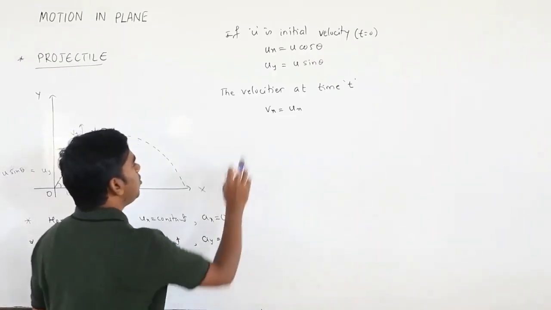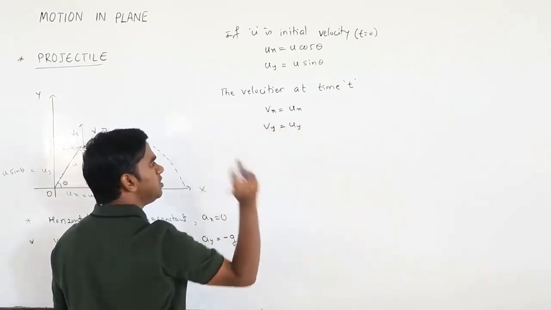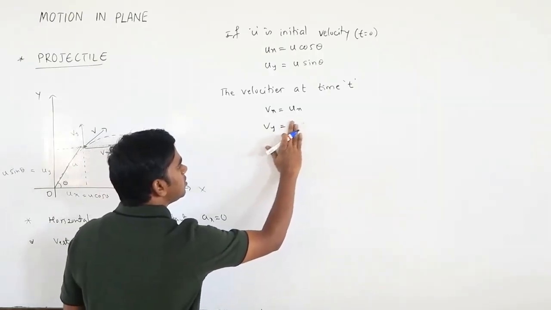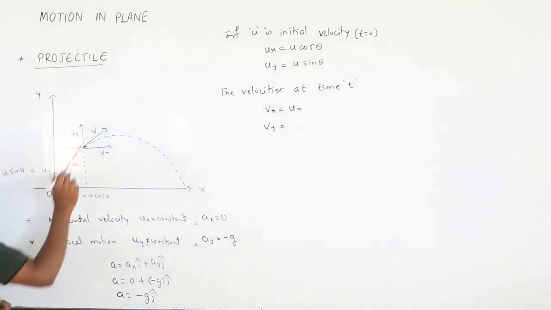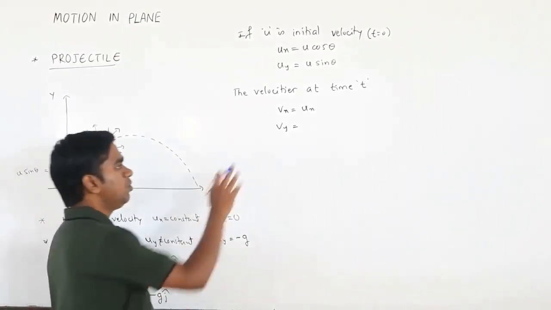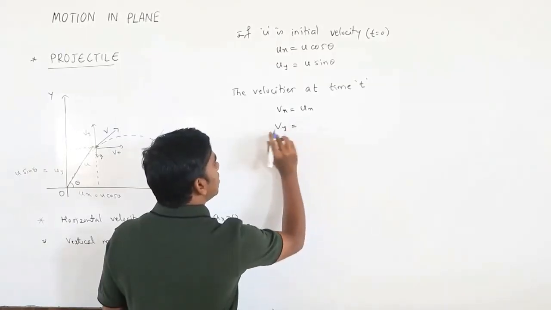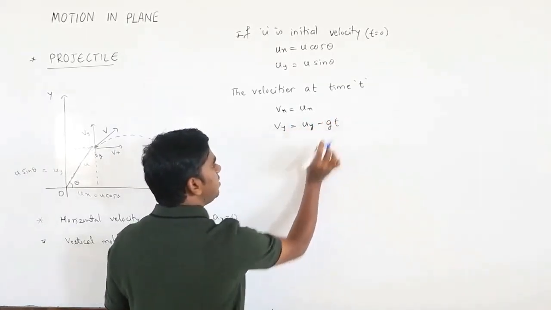So what about vy? Should I write uy? That would be wrong because it is not constant. Acceleration due to gravity will act here in the downward direction. So we can find vy as uy minus g into t.